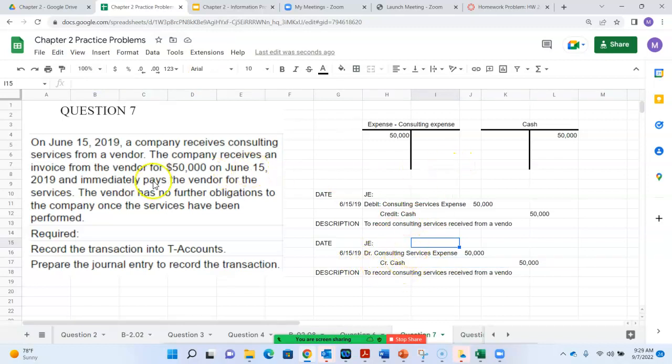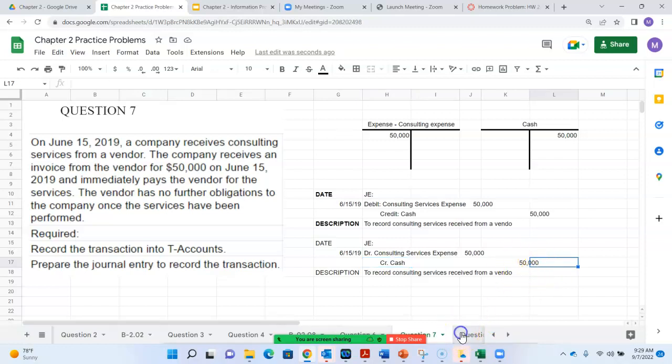So again, a journal entry is basically your T account with the date tacked on and a description. I'll bold this so you remember, these are the two things you have to add. Also, the debit always comes first, and the credit is second and indented. So the title of the account is indented along with the actual number.